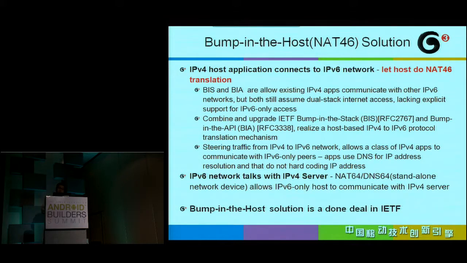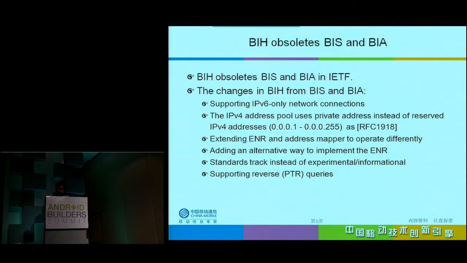So the network side should have the NAT46 and the DNS46. Now, the Bump in the Host solution is a done deal in IETF. The new BIH obsoleted BIS and BIA in IETF. The main changes in BIH from BIS and BIA are the following items.